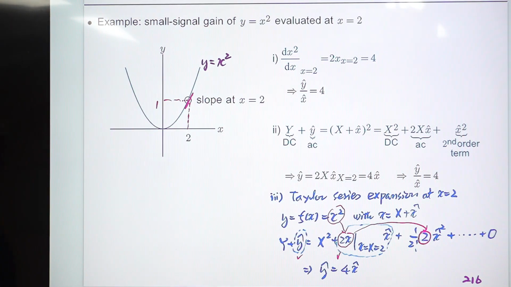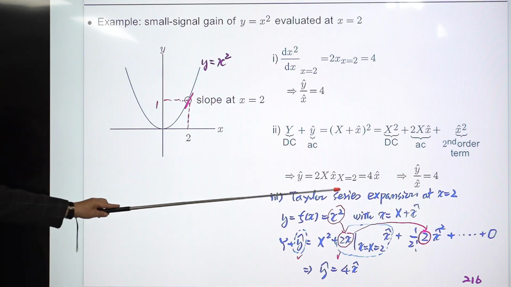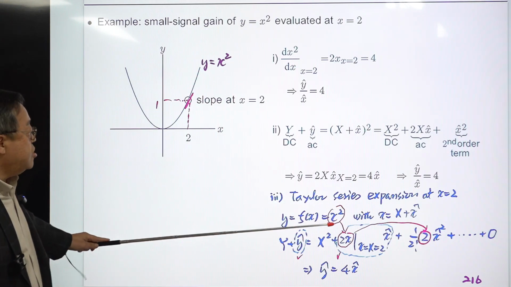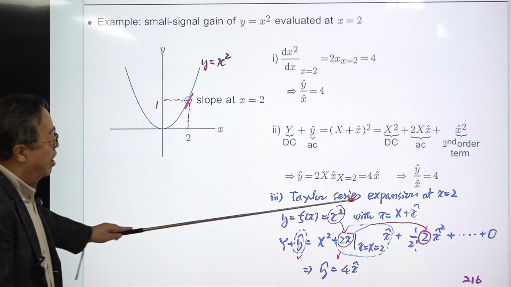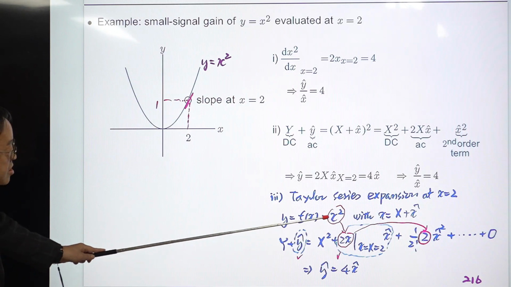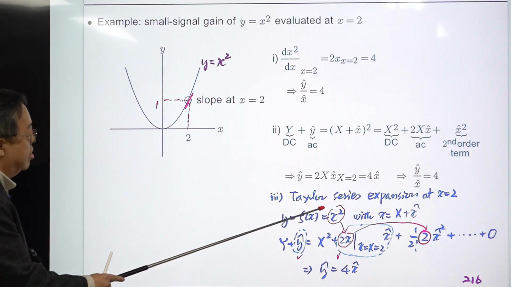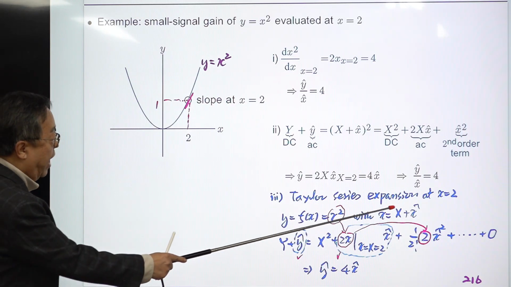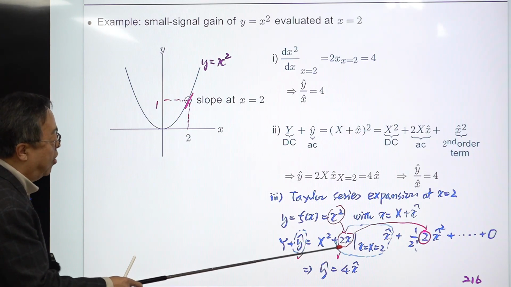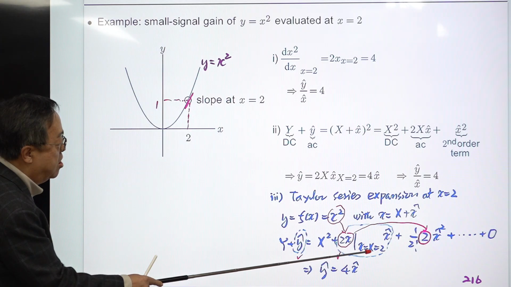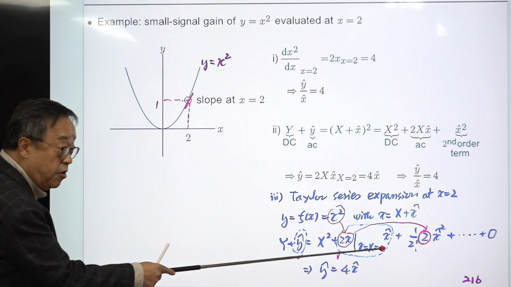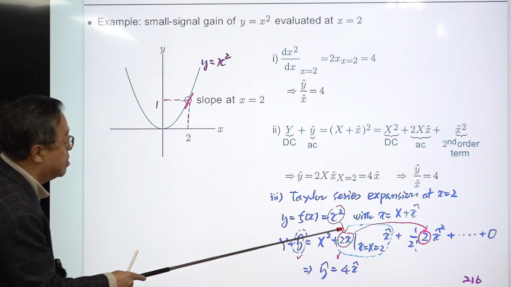Okay. The last one is Taylor series expansion at x equals 2. So this is the equation, and this is y plus y hat, evaluated at x equals X. Then differentiate these and evaluate that value at x equals 2, and put x hat here and evaluate this twice.